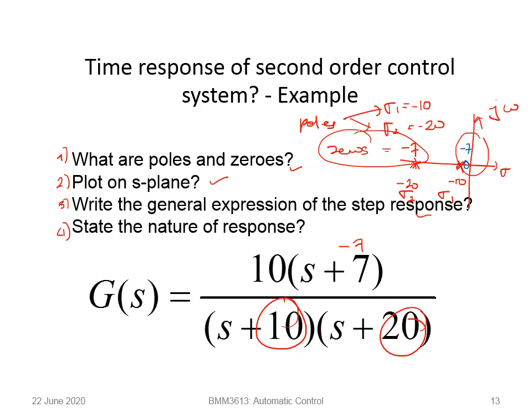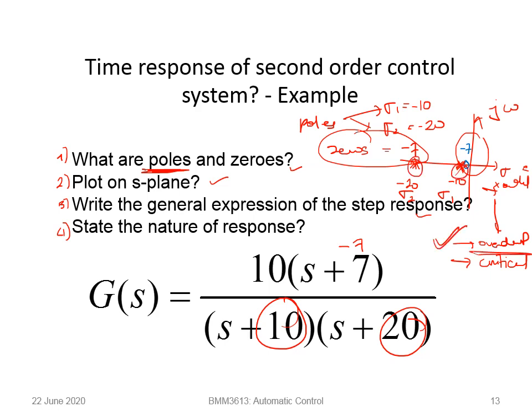Because the step response depends strongly on the poles, and the poles are two distinct points, both real numbers, so no undulation. If you have no undulation, it is either an overdamped or a critically damped system. And we know if we have two distinct points, it is an overdamped system.